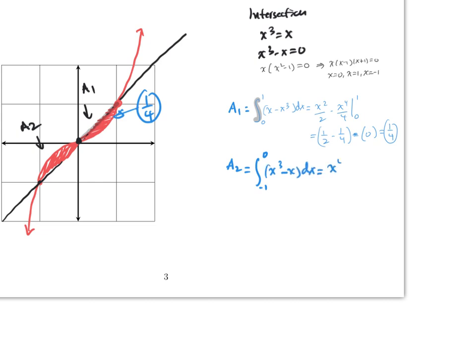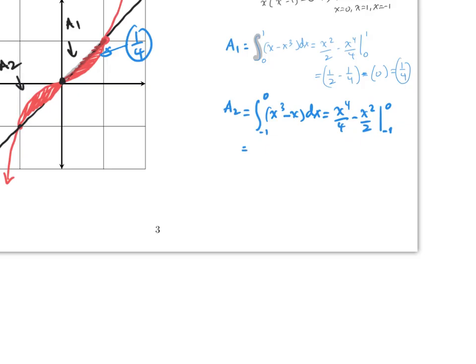So this will be now x to the 4 over 4 minus x squared over 2 from -1 to 0. So then this will be now 0 minus 0 minus, and then it's going to be -1 to the 4th power.